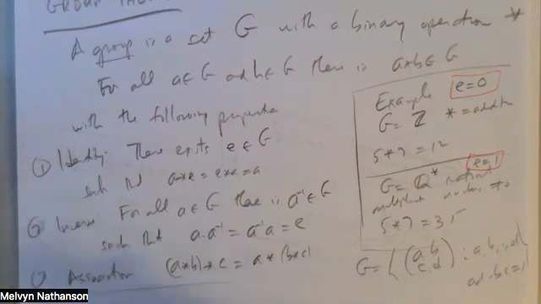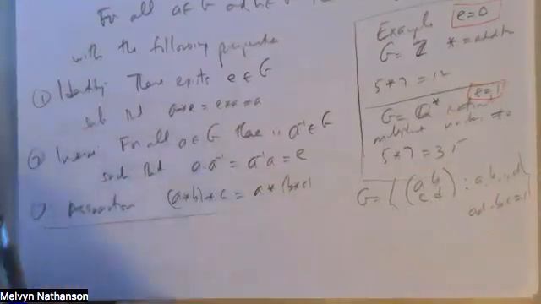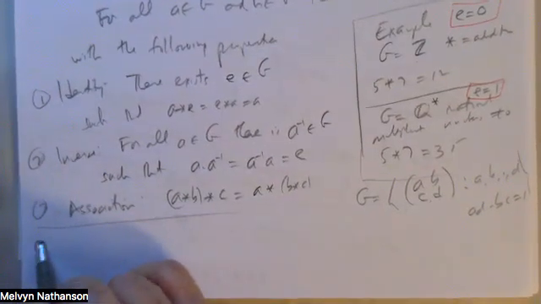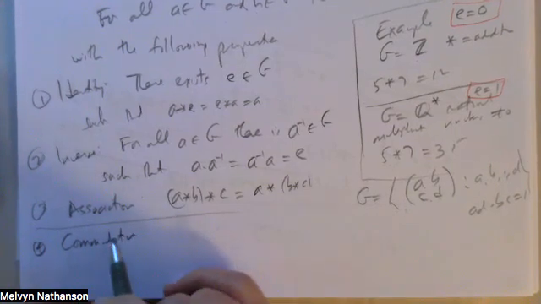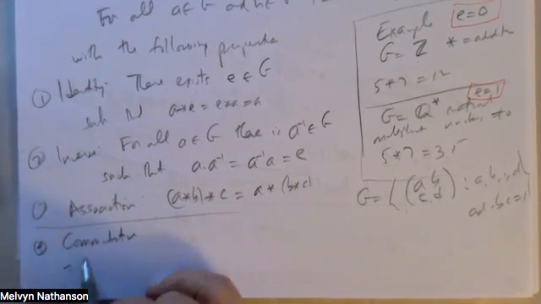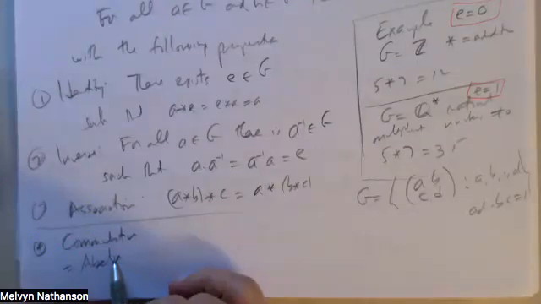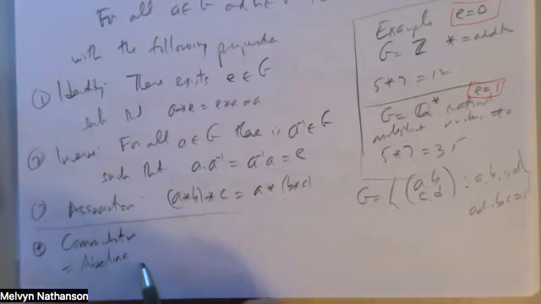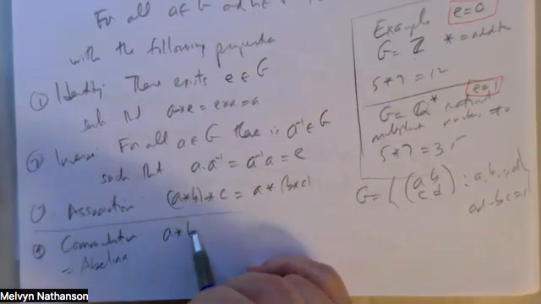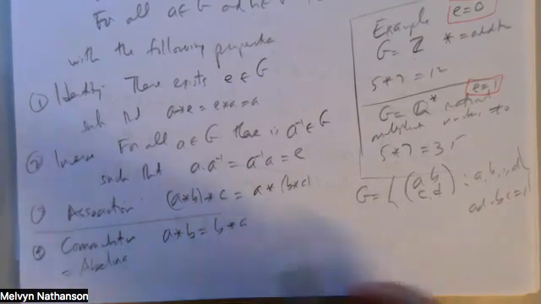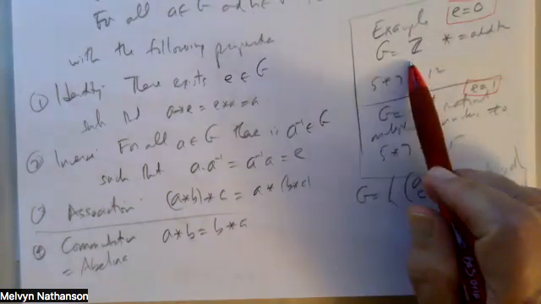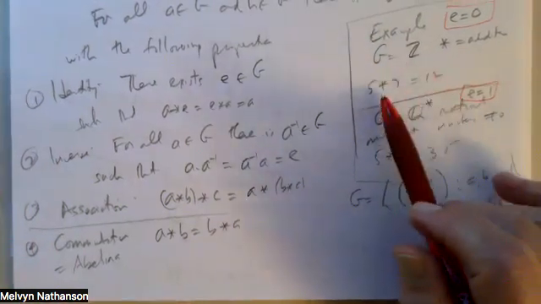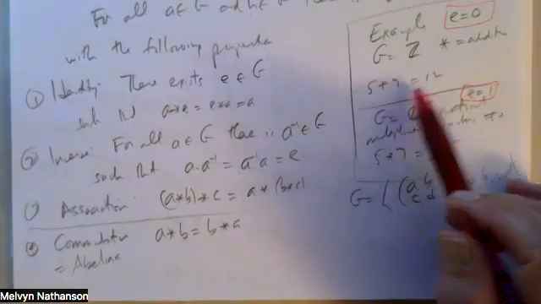Now, some groups have an additional property, which is that they are commutative, which is also called abelian. And in this case, the order you multiply doesn't matter. A times B is always the same as B times A. So addition of integers is abelian. 5 plus 7 is 7 plus 5.